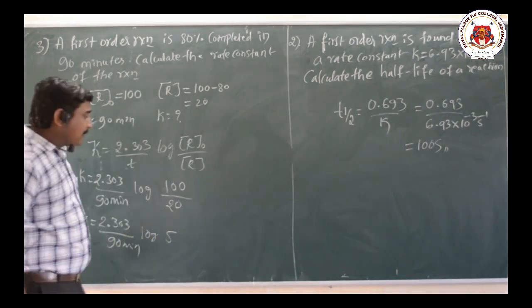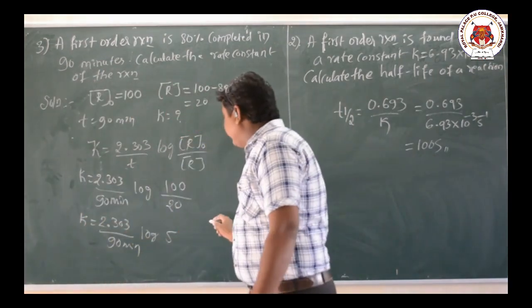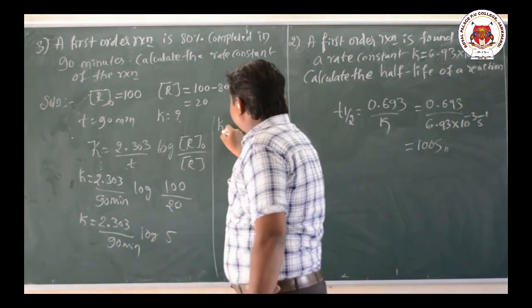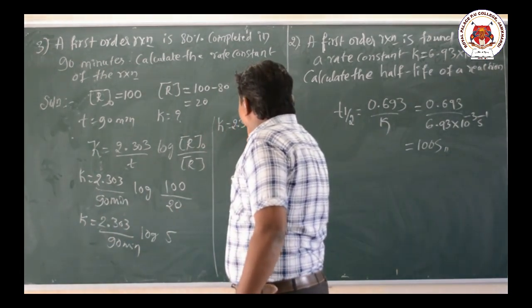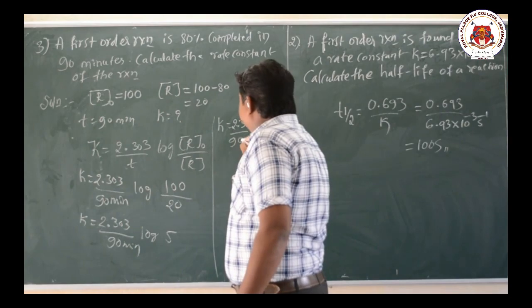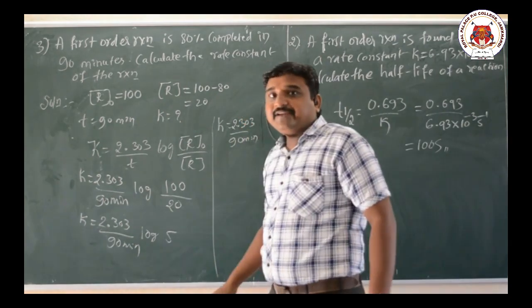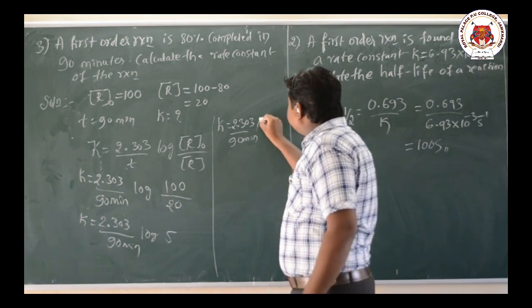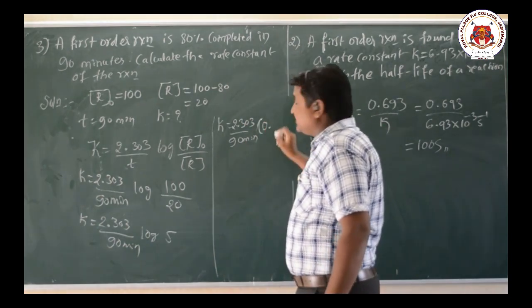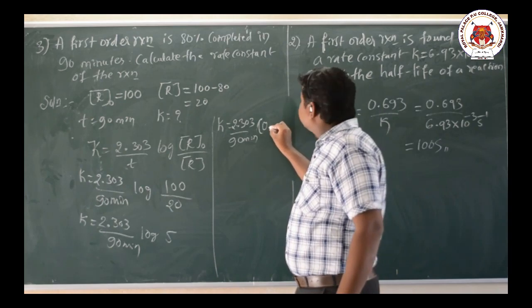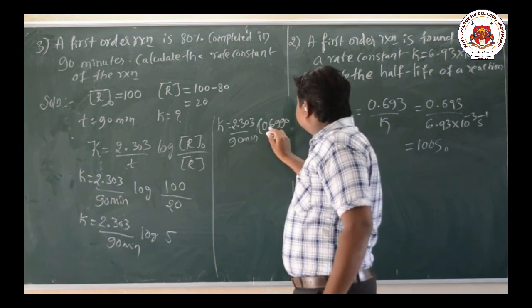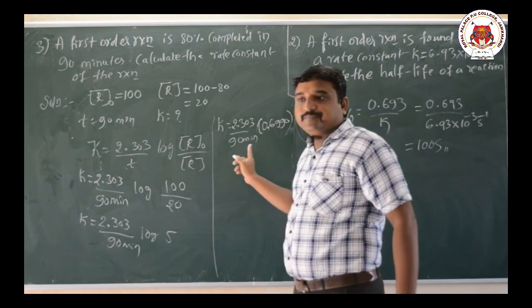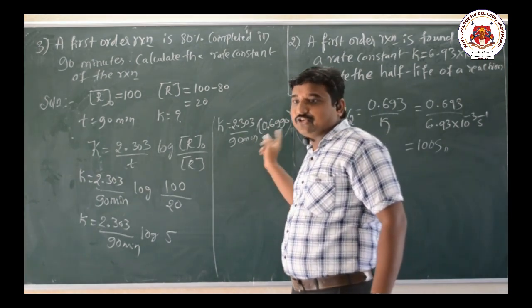So K equals 2.303 over 90 minutes times log 5. The value of log 5 is 0.6990.